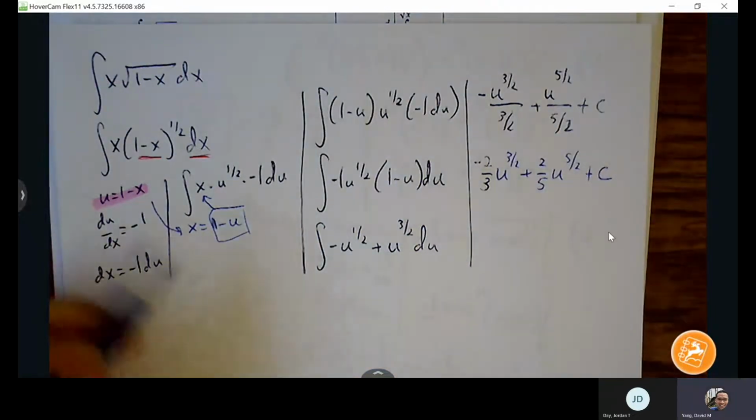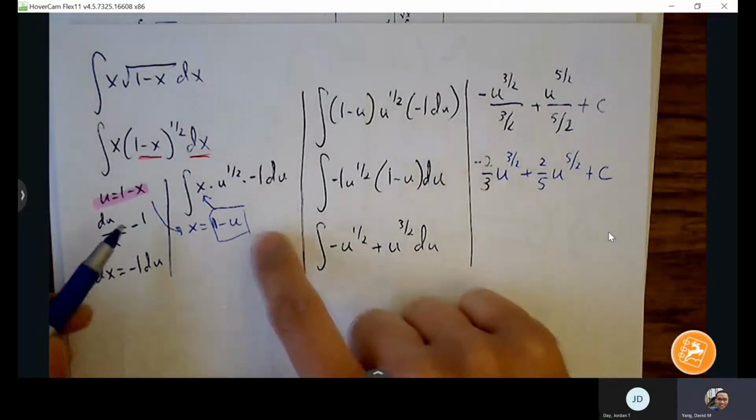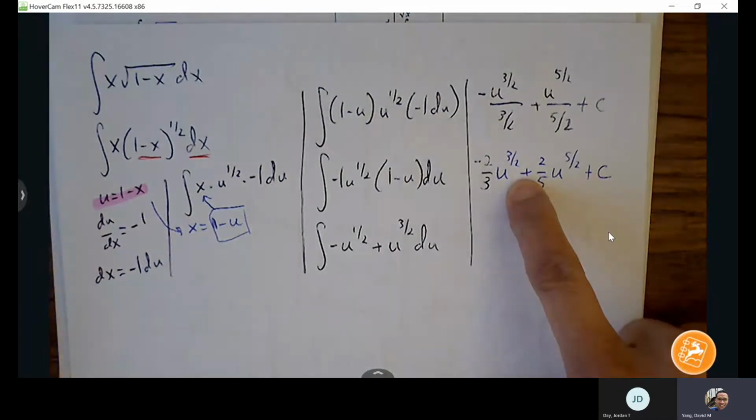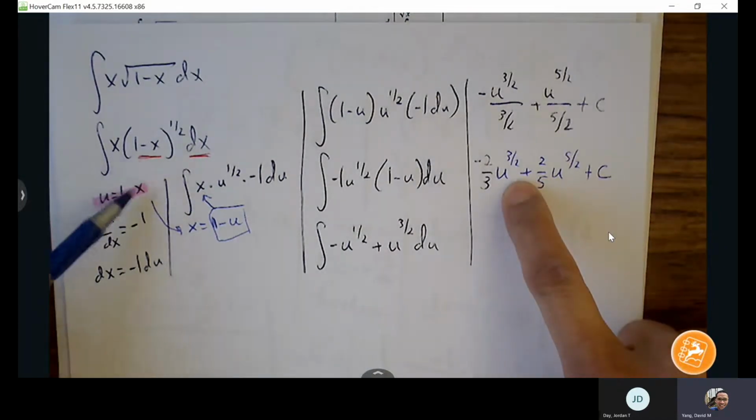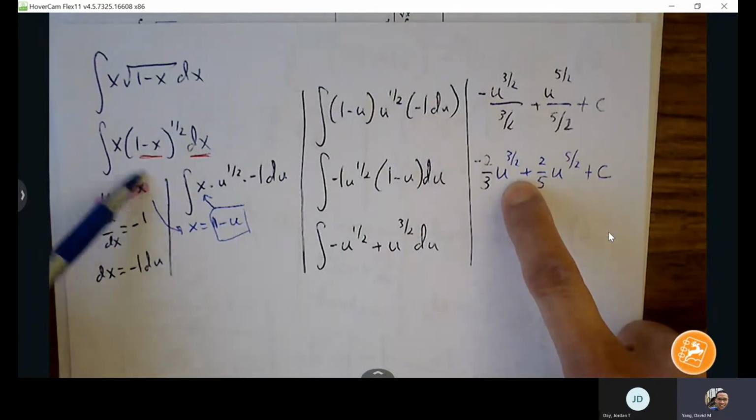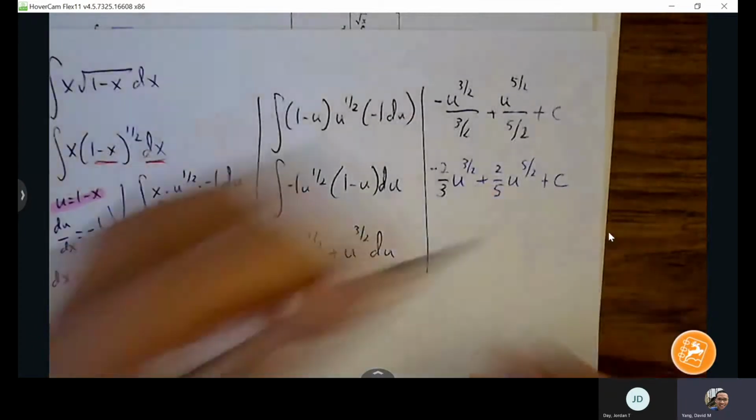And don't forget, I know you made substitution a couple times already, but this is still a temporary variable, right? You want to bring your original variable back into the answer here. So 1 minus x back in.